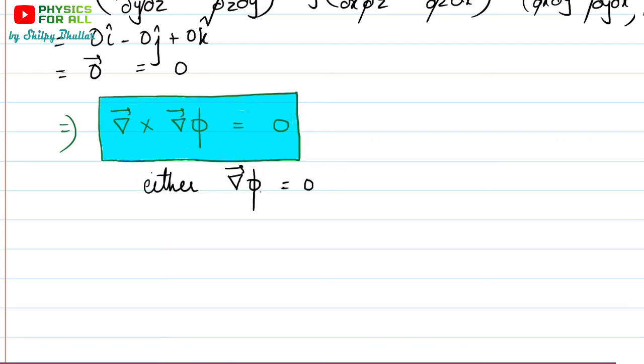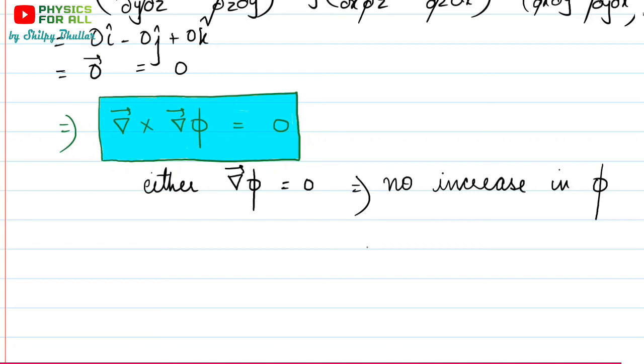Gradient always gives us greatest rate of increase of function phi. But if that is 0, it means no increase in phi. That means our scalar quantity is just not changing. There is no greatest change being measured.